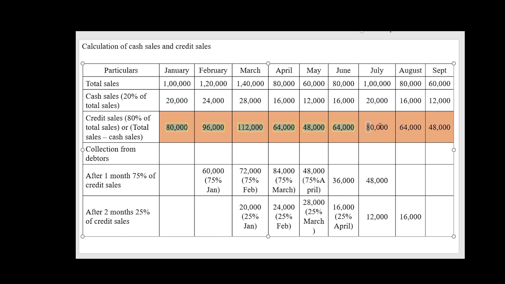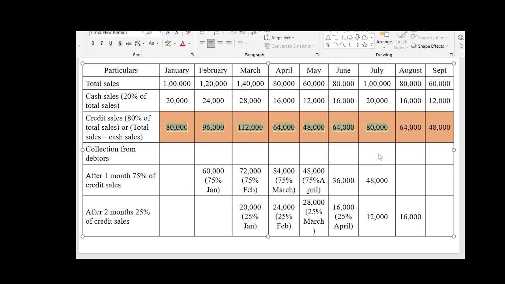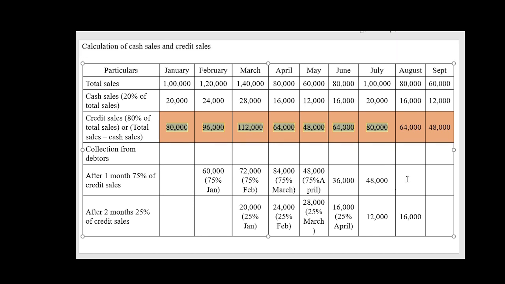Moving ahead, for the month of July, the sales is 80,000. Now 75% of 80,000 is 60,000. You will receive it in August, and then the rest of the money you're going to receive in the month of September, that is 20,000.